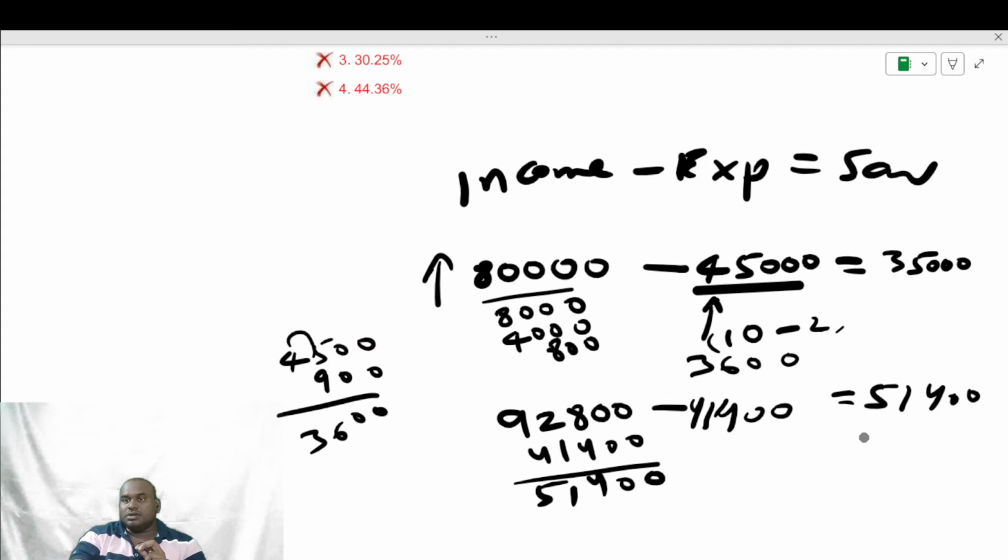Initially it was 35. So you add, it is now 16,400 divided by 35,000. So it should be less than 32%, obviously. So 44 is not the answer. There are two options. We'll calculate it.